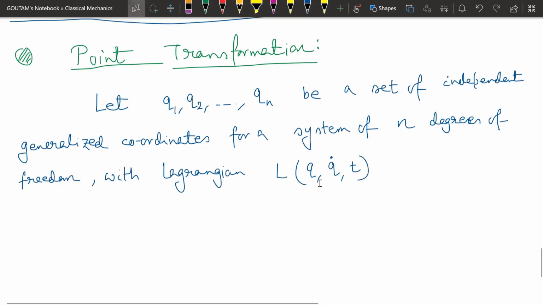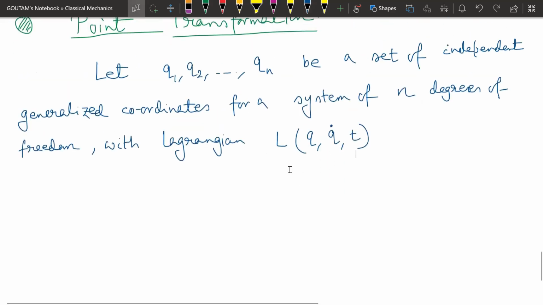Now suppose we are taking a different set of independent coordinates. So basically we are changing the basis.